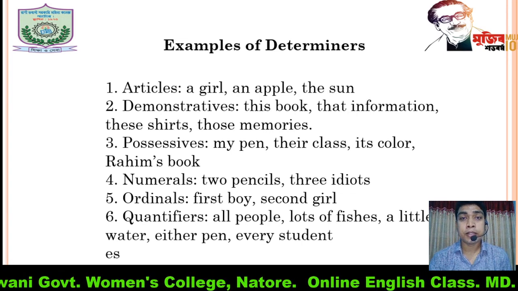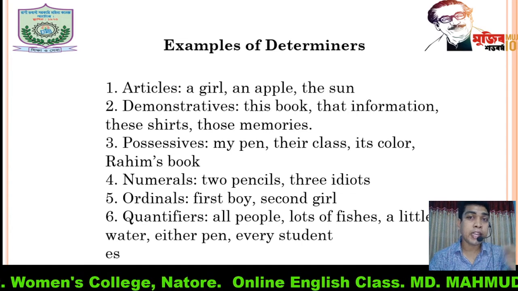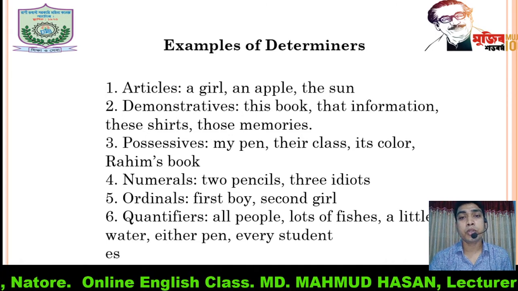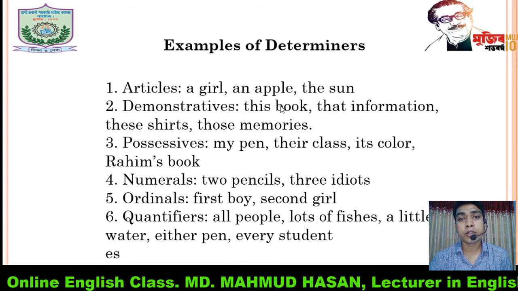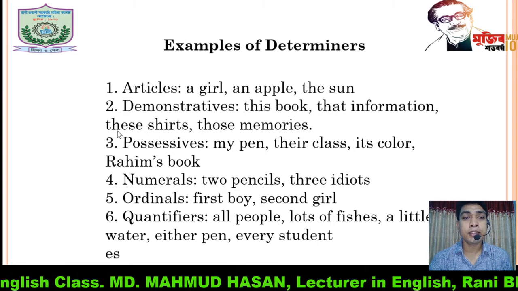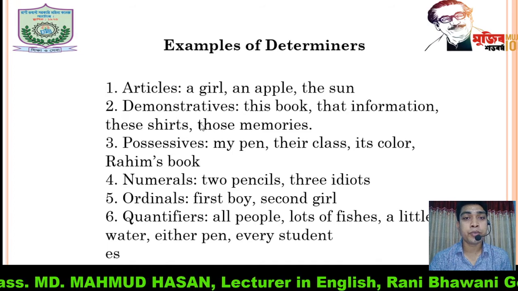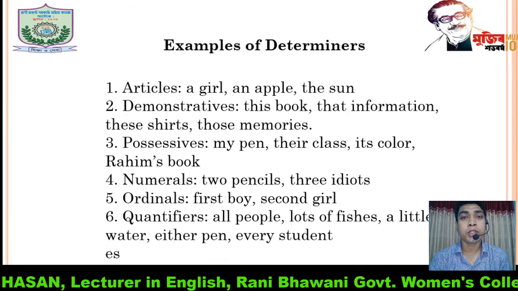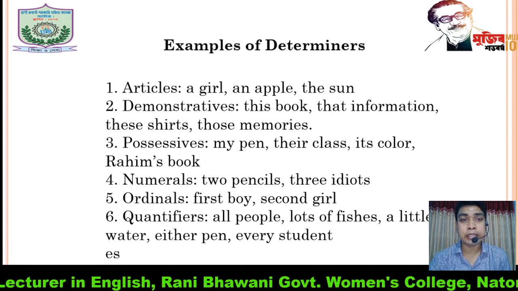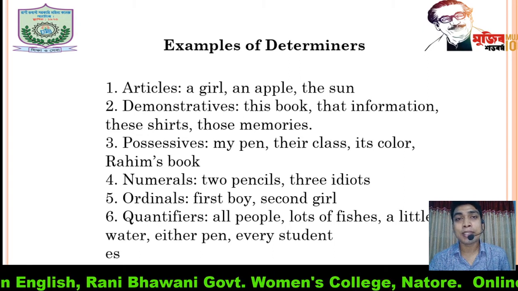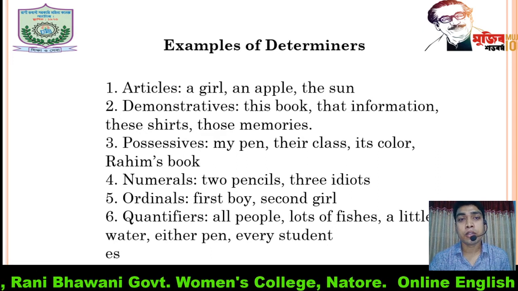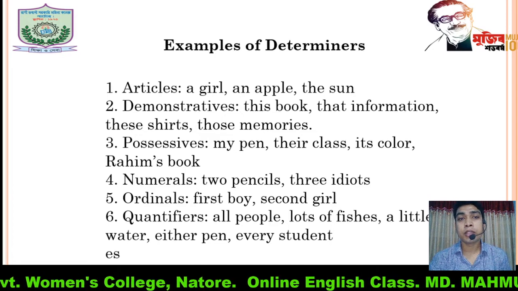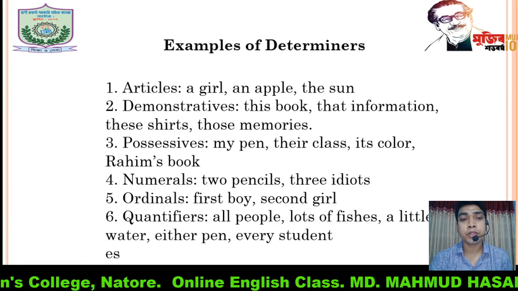Demonstratives: this book, that information, these shirts, those memories. All these particular words, this, that, these, those, are placed before nouns and they modify those particular nouns. These words add additional information. So they are also determiners.